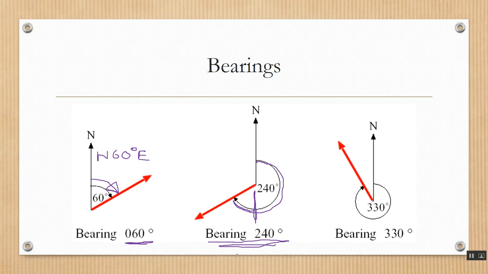The other way that we could say this is south 60 degrees west. This angle here would be 60, which is 240 take 180. If we go a bit further, this angle here is 330 degrees.